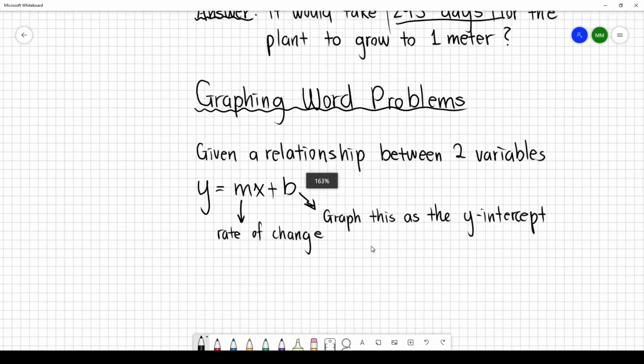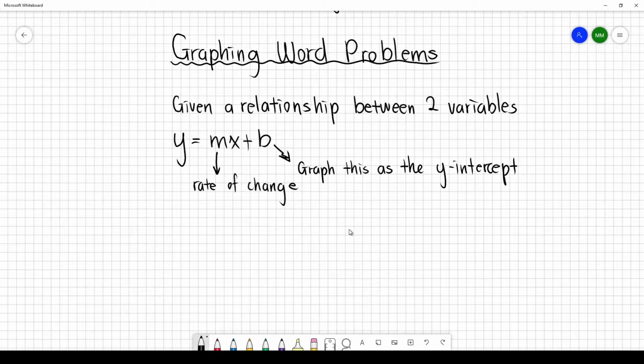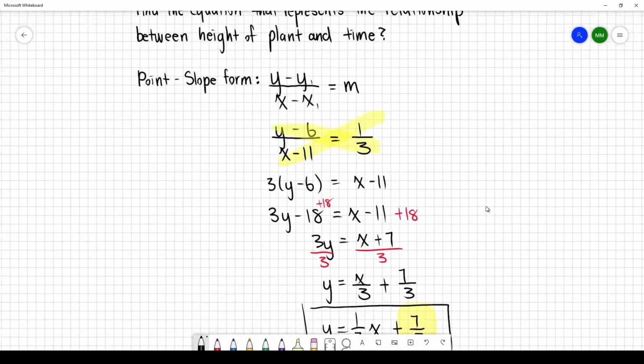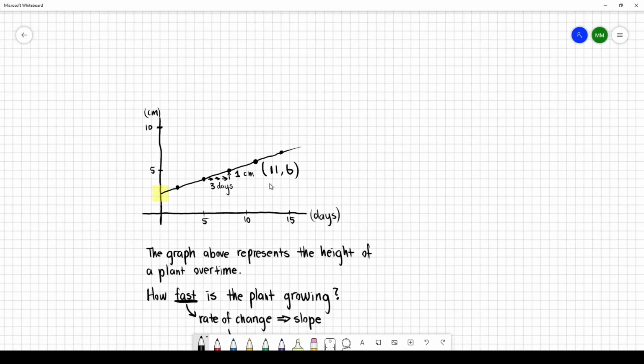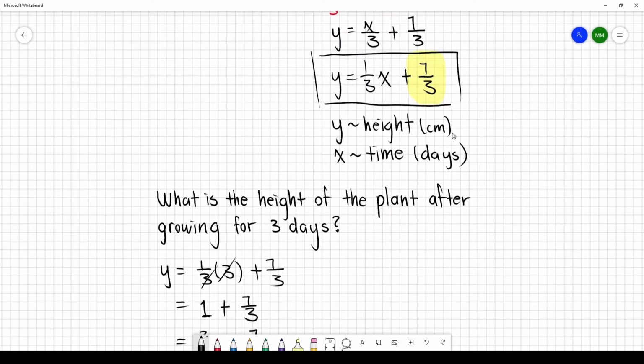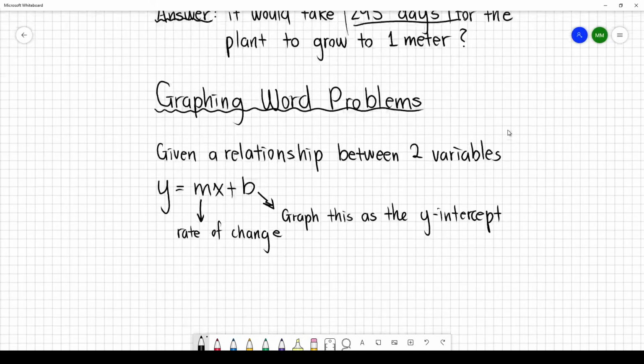So I'll just give you an example to look at. What you have done is taking the graph and collecting the information from the graph and putting it into equation form. But now you're just doing the reverse of that.